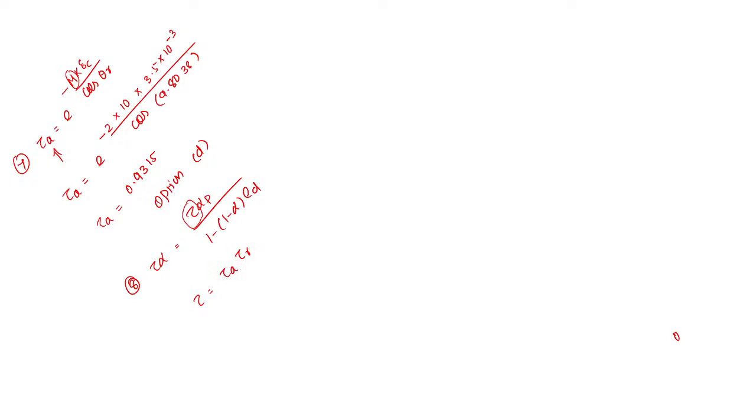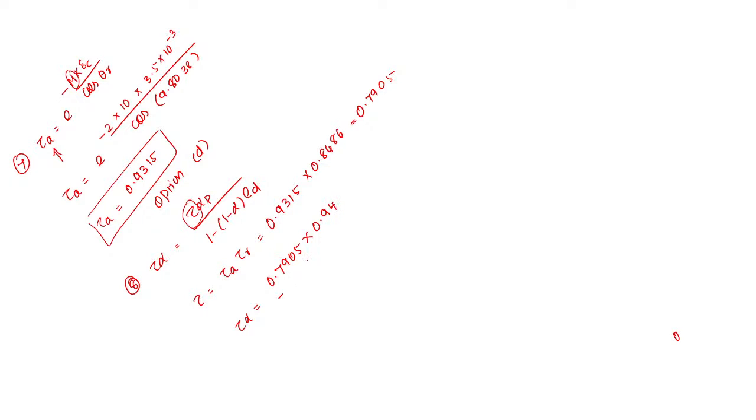We already have tau a and tau r, so I am directly giving you the answer: 0.8486 times 0.9315, which is equivalent to 0.7905. To calculate tau alpha, 0.7905 times alpha, which is given in the problem as 0.94, divided by 1 minus 0.94 times rho d, which is also given as 0.21. If you calculate, it is 0.7526. So the option is C.